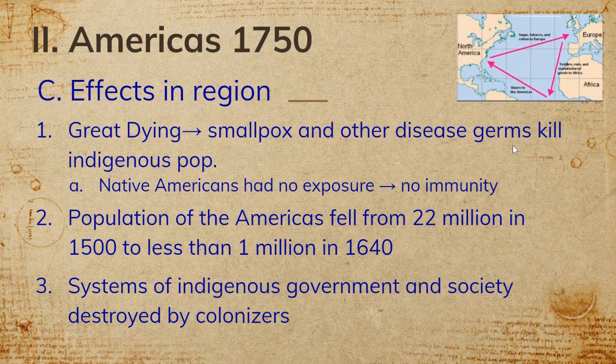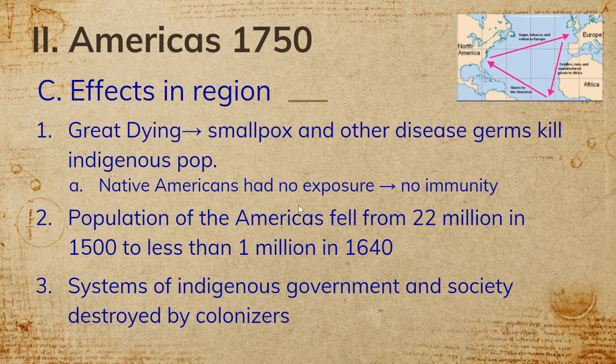All right, so starting to wrap things up, what are the effects of these trades in the region? The first thing, starting in the 16th century, is an experience called the Great Dying. Due to smallpox and other disease germs, they kill the indigenous population. I abbreviate population to PUP because sometimes I don't like to write everything out.